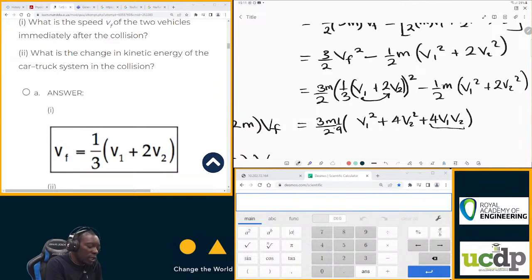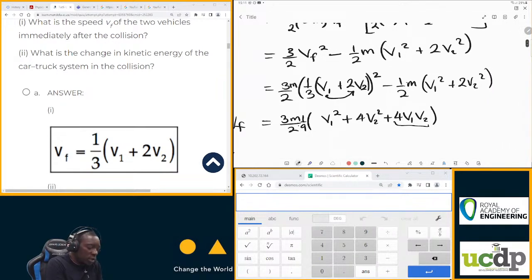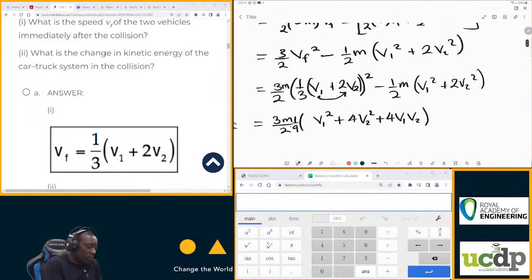So that's how you square that bracket to get this product. Then this is minus half m (V1 squared plus 2 V2 squared).